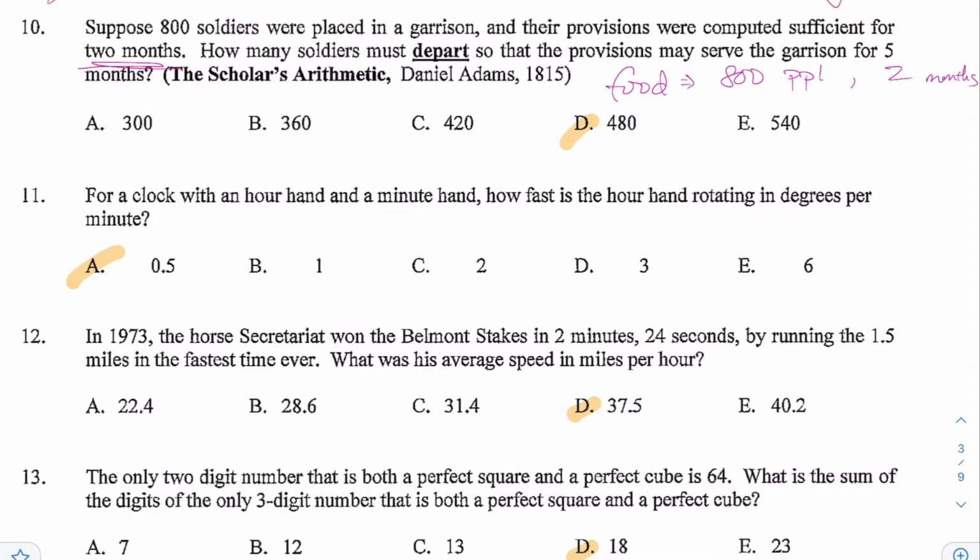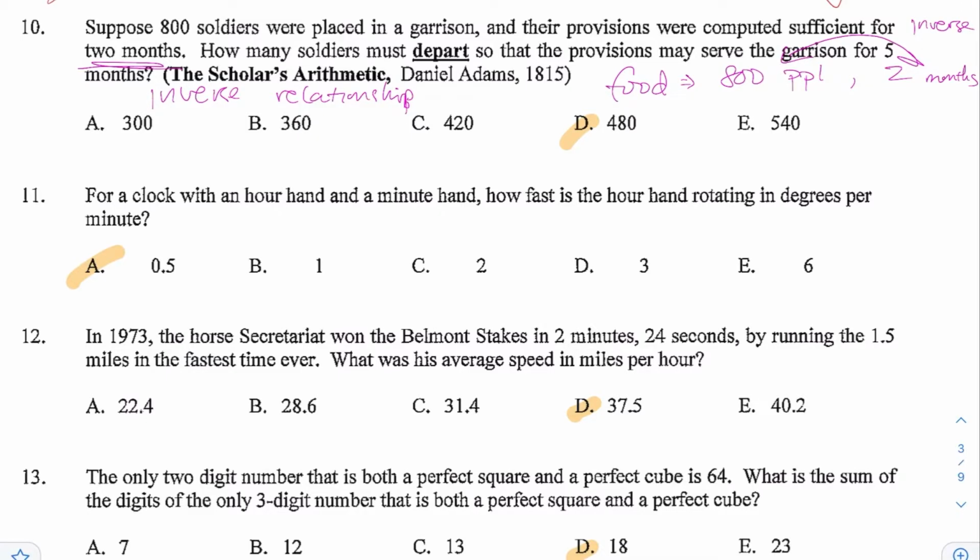Well, here you can see that food and people will be inversely related. Because the more people you have, the more food they'll eat. So then therefore, the less it will last. So these are inversely related.